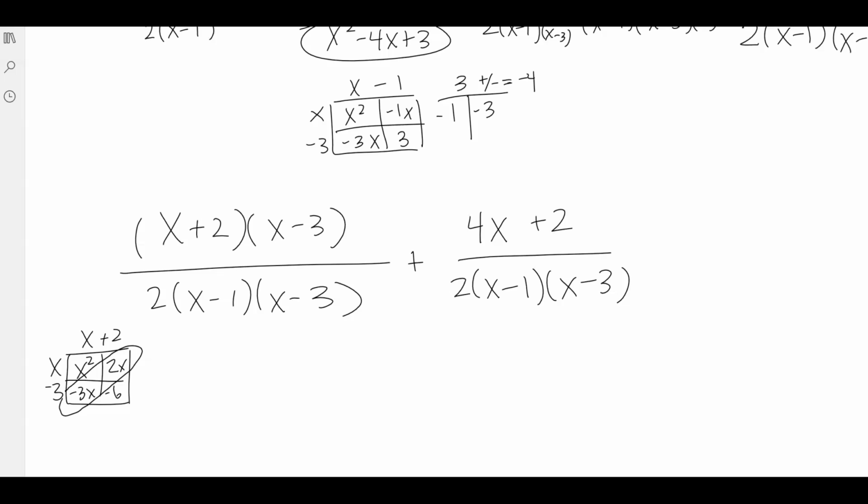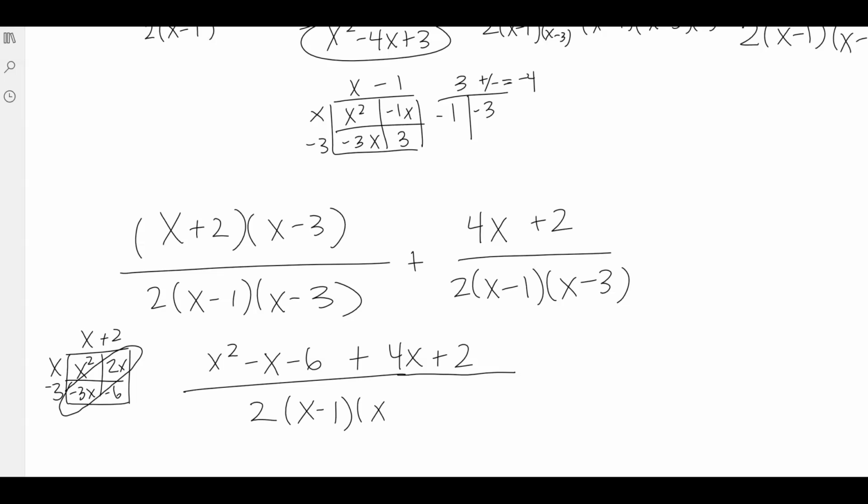Then remember, we add our like terms together. So we're going to have x squared minus x minus 6 plus our 4x plus 2 all over 2 times x minus 1, x minus 3.